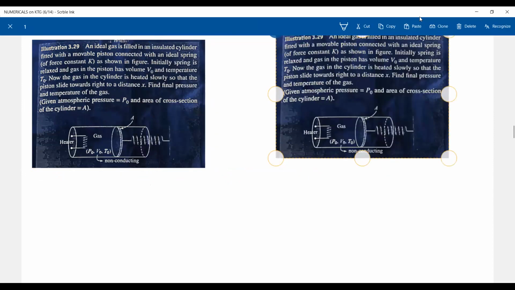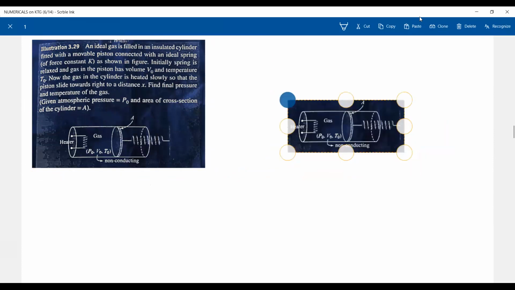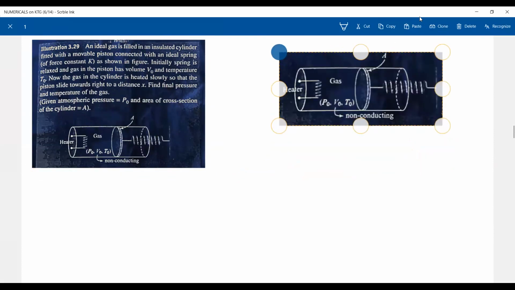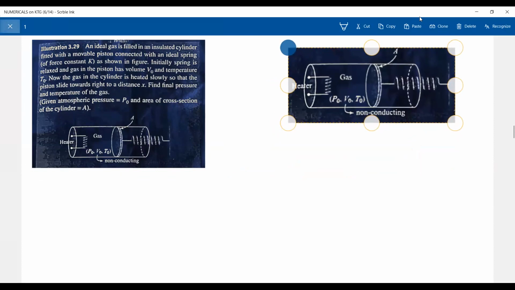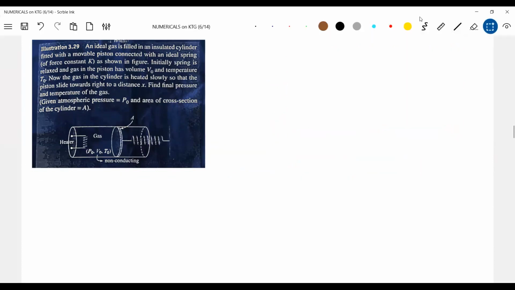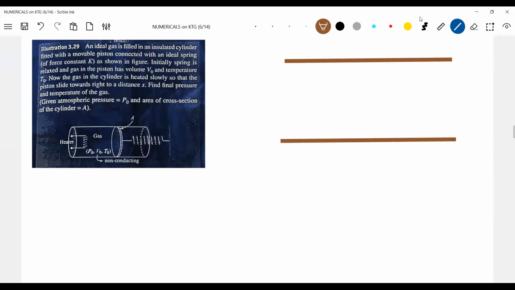I think I'll better draw it. Here we have a disk.